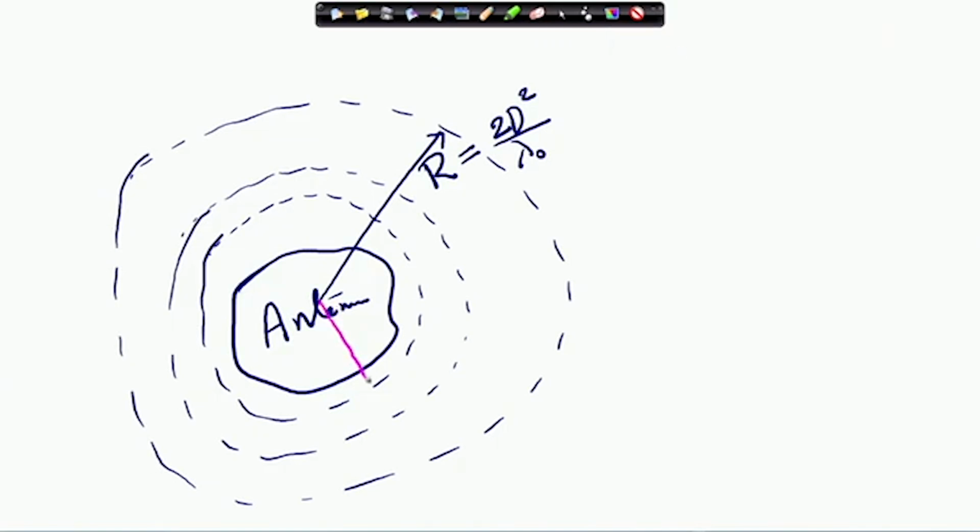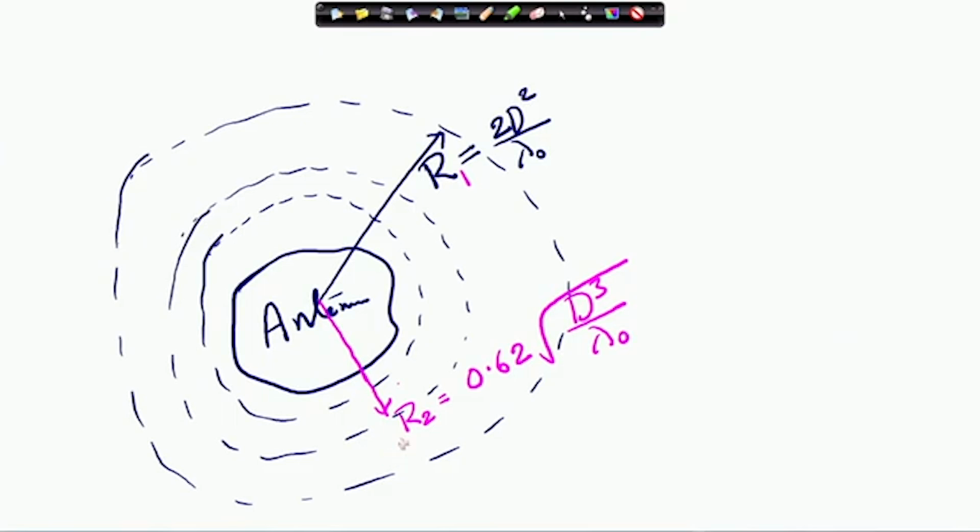If I call this R 1, let me call R 2 another distance, which is generally given by 0.62 root over d cube by lambda naught.